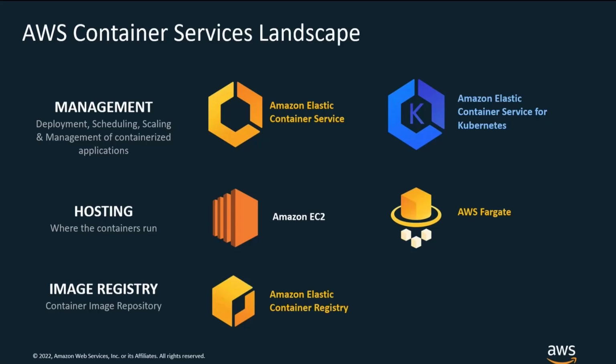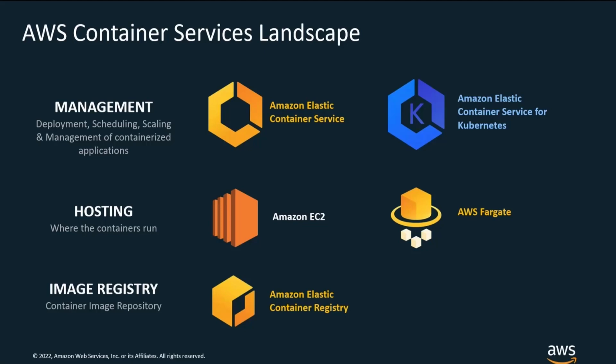ECS eliminates the need for you to install and operate your own container orchestration software or manage and scale a cluster of virtual machines. Amazon EKS provisions and manages a certified upstream Kubernetes control plane and is integrated with many AWS services to provide scalability and security for your applications.